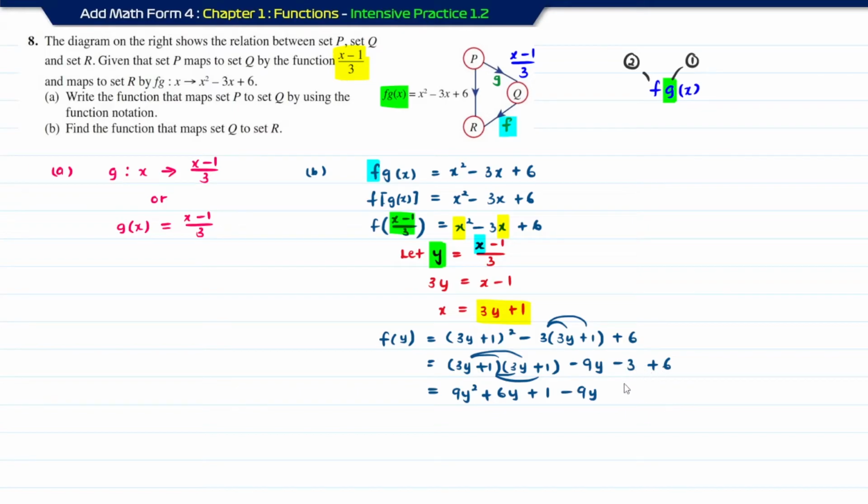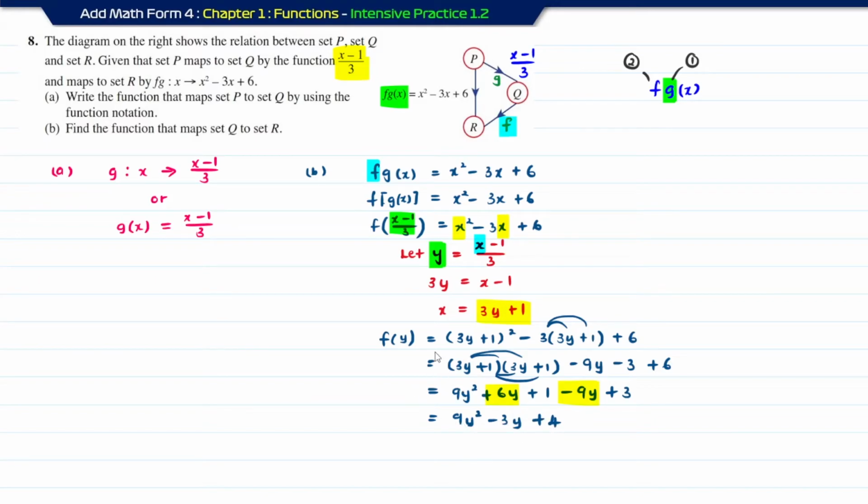Here, solve it, you're going to have a positive 3. Later on, we're going to solve for the like terms. So this 6y will be with this minus 9y. So you're going to have minus 3y, and then this plus 1 plus 3, you're going to have plus 4.